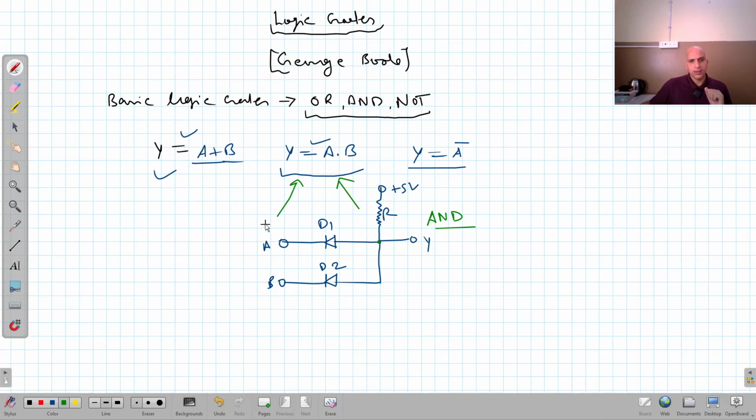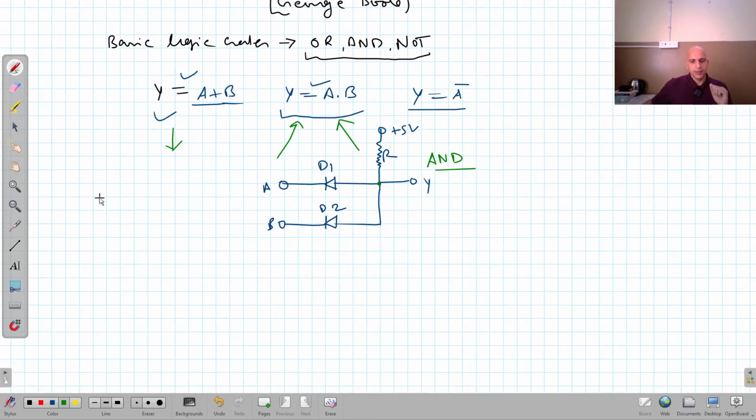Similarly, if I want to design an OR gate, then how can I design it? I can design it again by taking two PN junction diodes. This is the output Y, this is input A and this is input B, right?